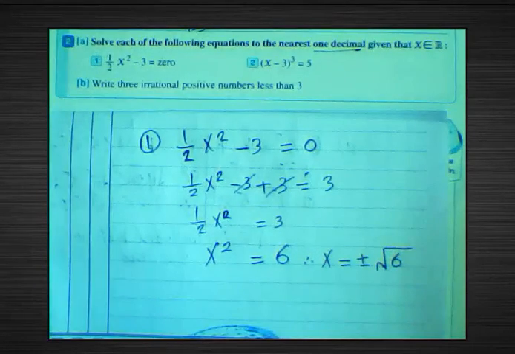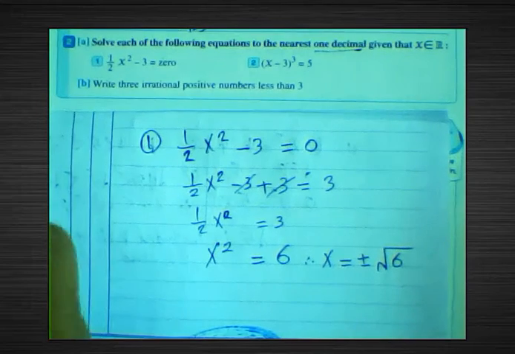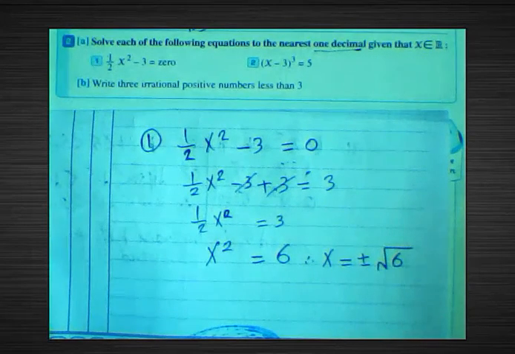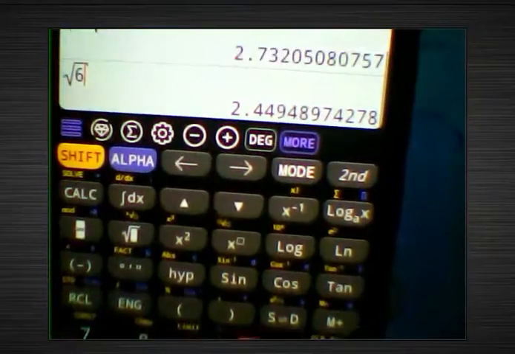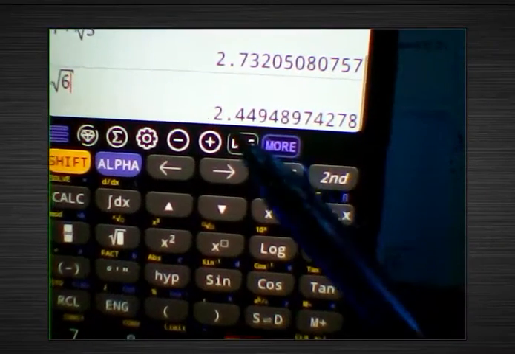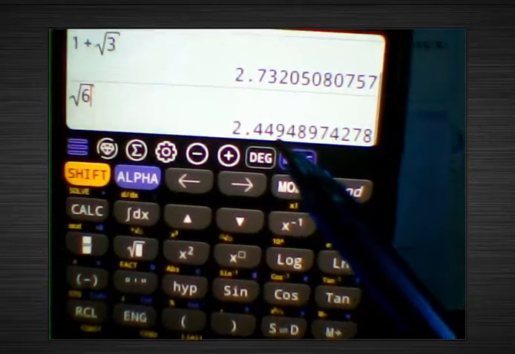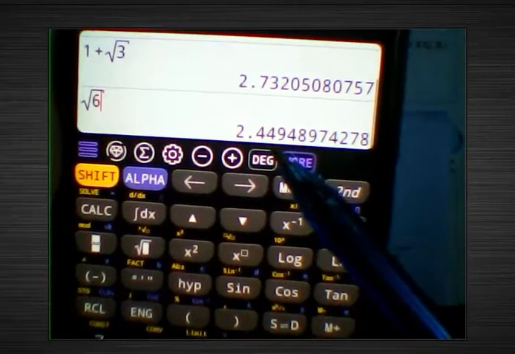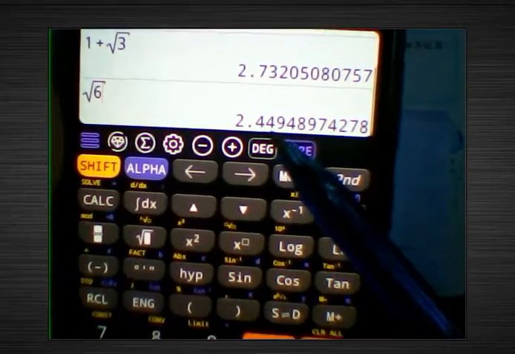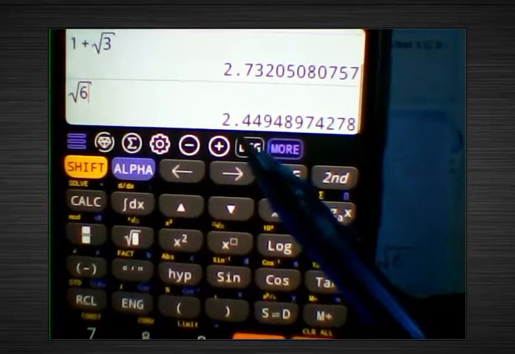We can use a calculator. Write square root of 6, which equals 2.44. We can write 2.4 because 4 is less than 5, so 4 cannot round up, and the result will be 2.4.